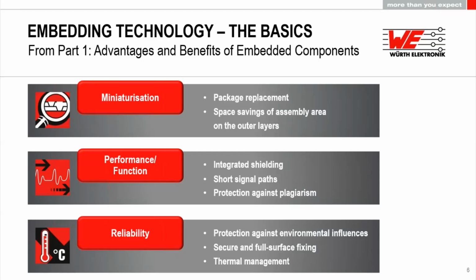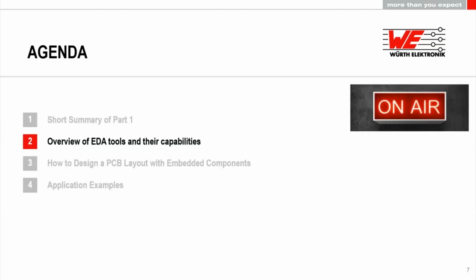For example, when it comes to thermal management, you could connect components directly with copper on top and bottom, so that the heat can spread out into the area and can go directly in short paths to the outer layer of the component, so that you have a direct copper heat and electrical connection. But let's move on to the layout part.